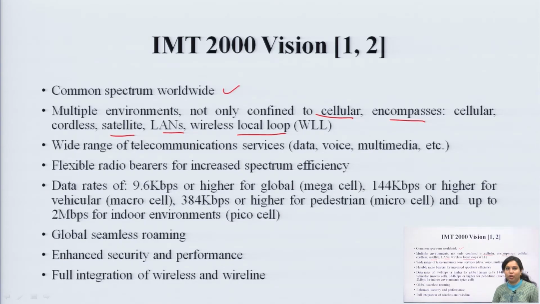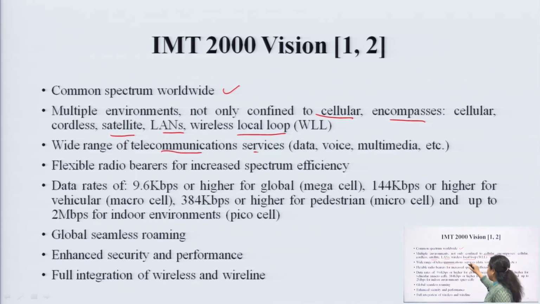Inside a building, or two buildings can be connected, meaning connectivity is provided without using a wired connection. So, that is a wireless local loop. All these different technologies can be supported by IMT-2000. That is the basic aim of providing connectivity anytime, anywhere.